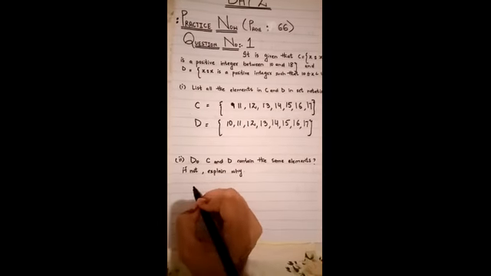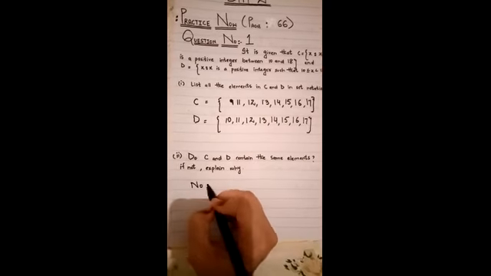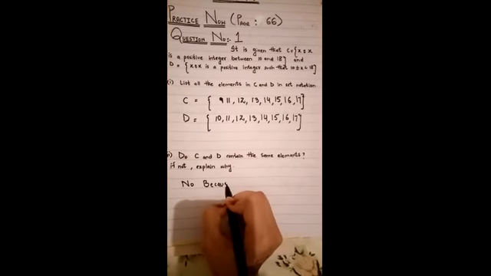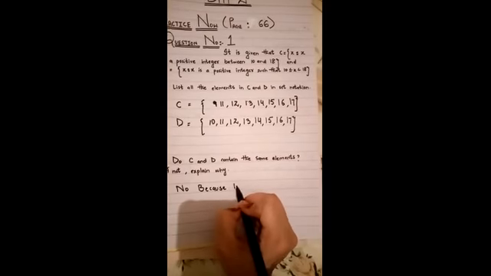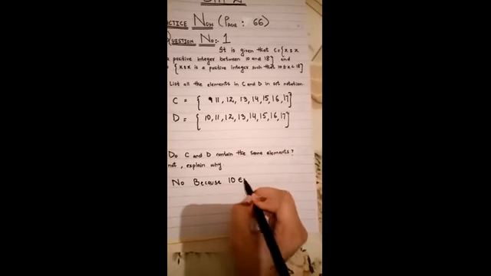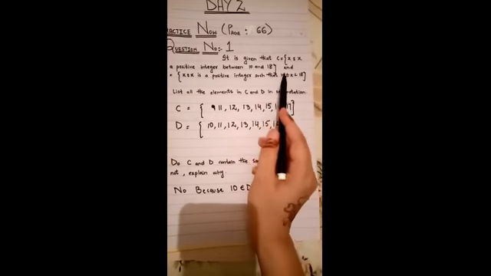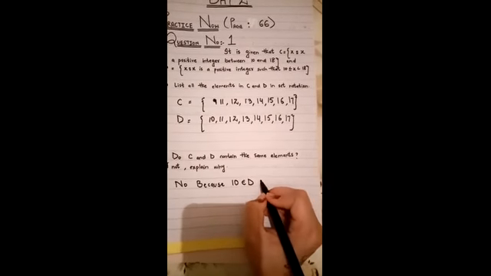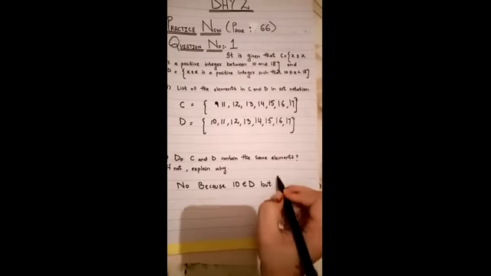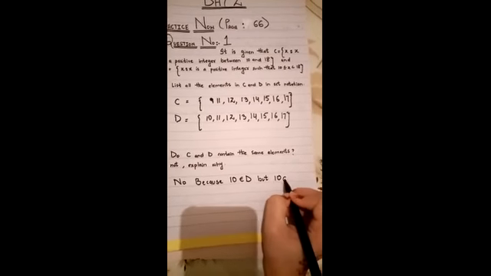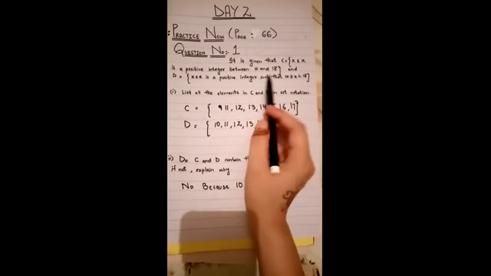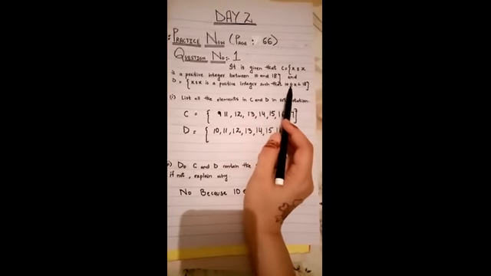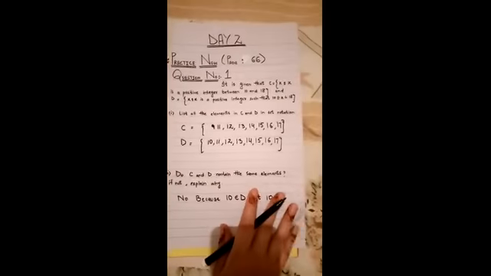The answer is no, because 10 belongs to D, since 10 is included in set D, but 10 does not belong to set C. 10 is not included in set C, but 10 is included in set D. So these are the answers.